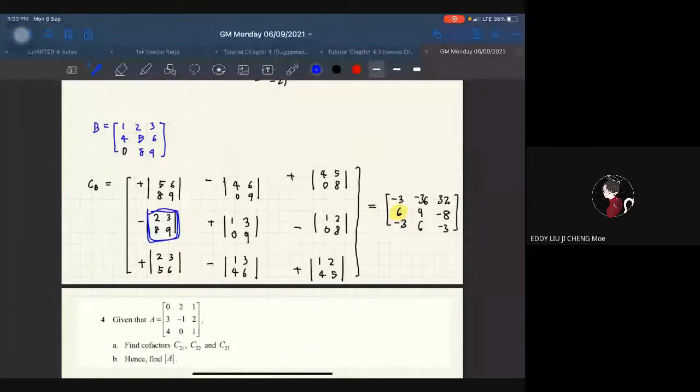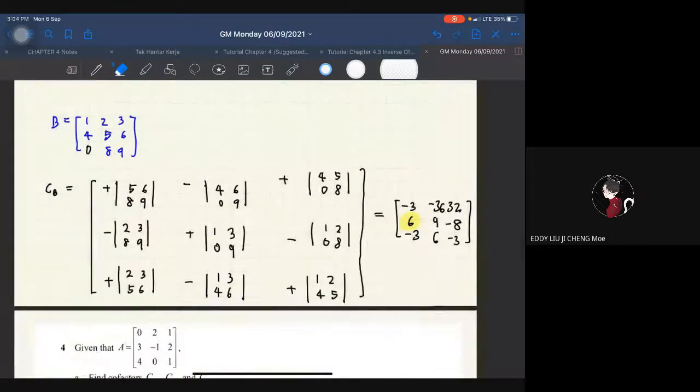Miss, saya dapat -6 juga. Sekejap, saya nak buat here. So 2 times 9 is 18. 3 times 8, not 6 times 3. Okay, sorry. So 2 times 9 is 18. So 18 minus 24 is -6. And then dia ada negatif kat luar. So negatif -6 jadi 6 sahaja. Okay, so dia jadi positif. So the negative will disappear.